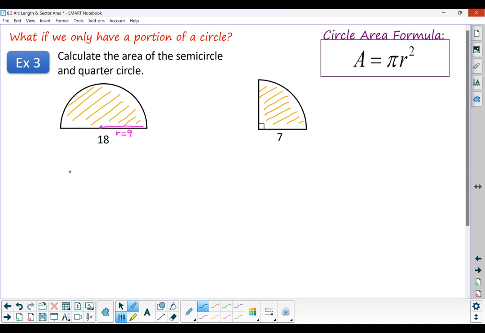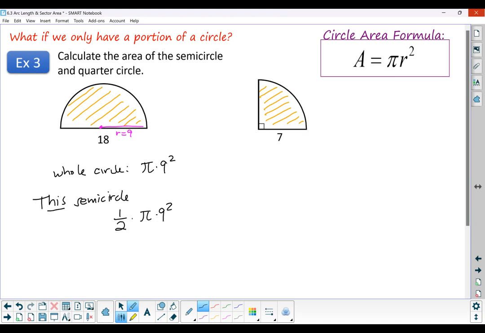So if we had a whole circle, it would be pi times 9 squared, but we only have half of a circle. So it's going to be 1/2 of pi times 9 squared because we only have half.